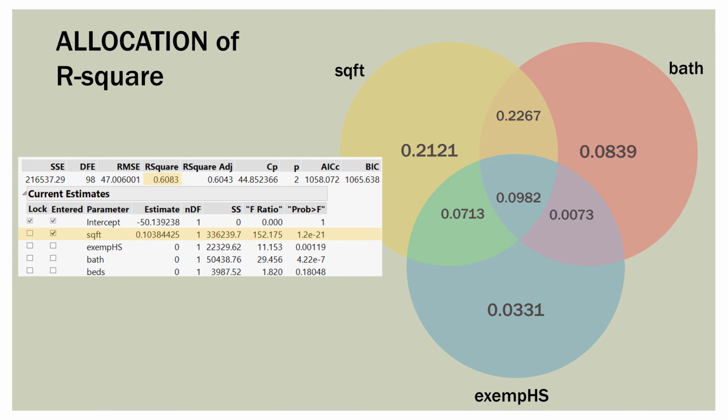Now, if we just do the division of the total sum of squares, we divide those by the SST, then we have all of these decimals. Well, look at our R square, 0.6083. Well, guess what? If we add up 0.2121, 0.2267, 0.0982, 0.0713, guess what those 4 add up to? 0.6083.